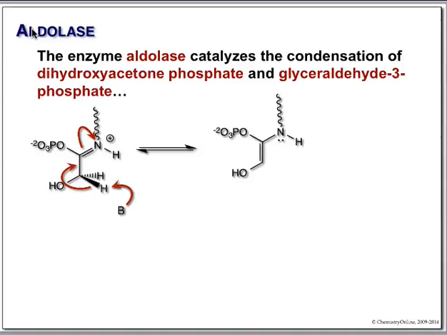Now, being a simple enol, that means that here at the alpha carbon, where we pull the hydrogen off, we're going to have a partial negative charge. In comes glyceraldehyde phosphate. This has the carbonyl that we're going to add to.